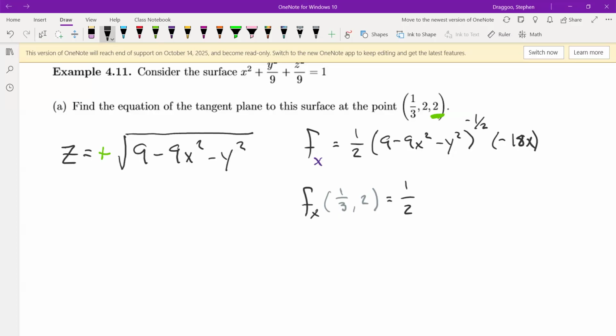I still have a 1/2, or let's just organize these things a little bit better. In my numerator, I'll have just the 18x part. Let's just write it all out: negative 18 times 1/3 divided by 2 times the square root of 9 minus 1 minus 4.